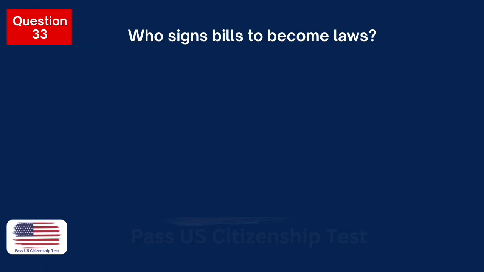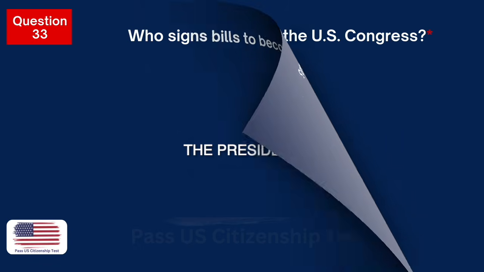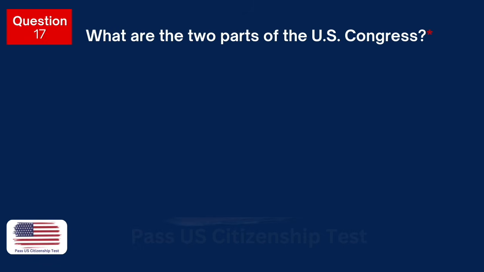Who signs bills to become laws? The President. What are the two parts of the U.S. Congress?